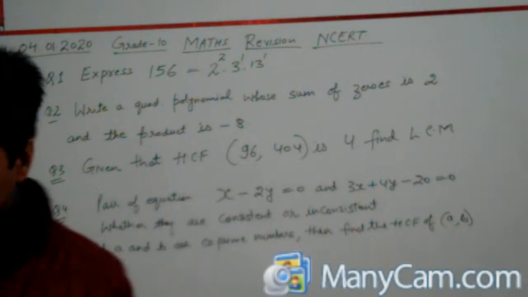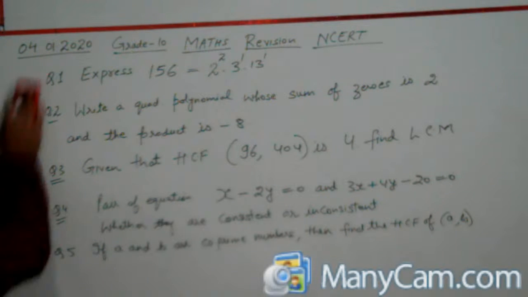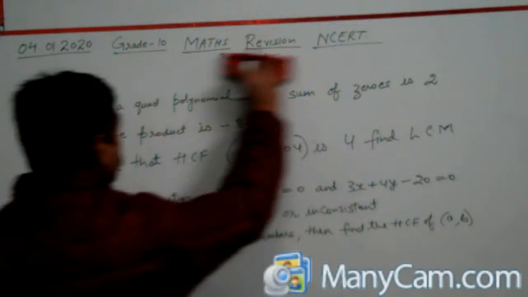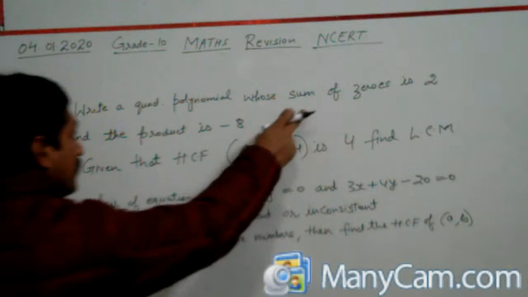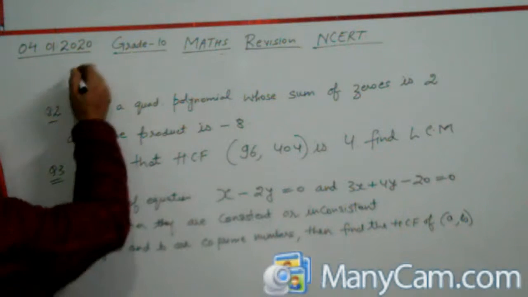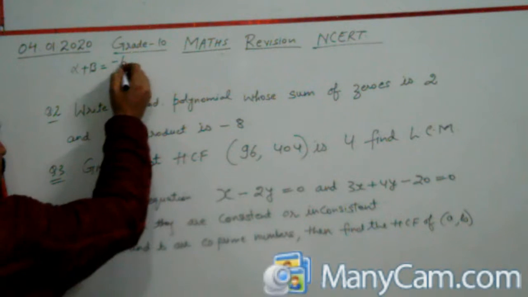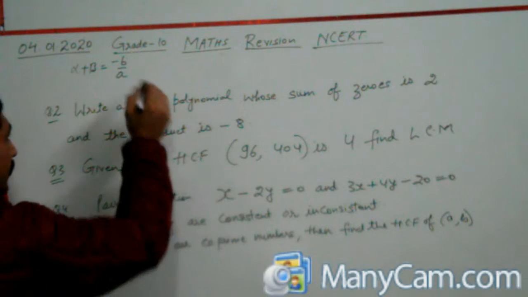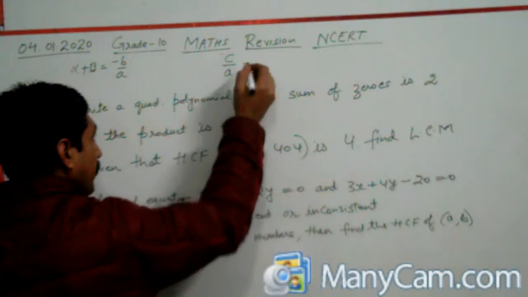Let's start the second question. The sum of the zeros, alpha plus beta, is always minus b upon a, and the product of zeros is equal to c upon a.